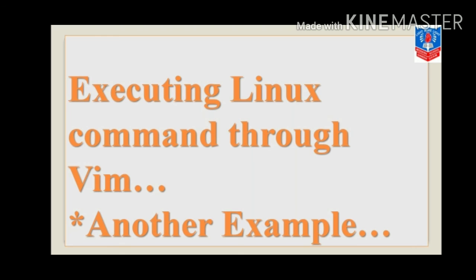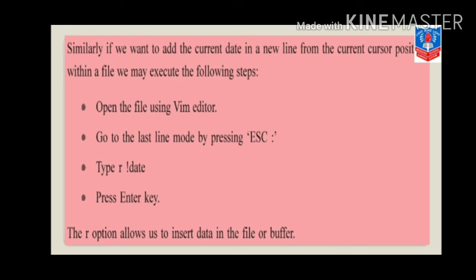Understood? One more example we will see, children, through Vim, executing Linux command through Vim. One more example, let's see here. Similarly, if we want to add the current date in a new line from the current cursor position within a file, we may execute the following step. जहाँ cursor है वहीं से नई line पर हमें date आज का insert करना है.